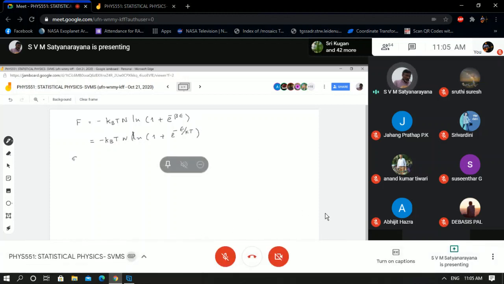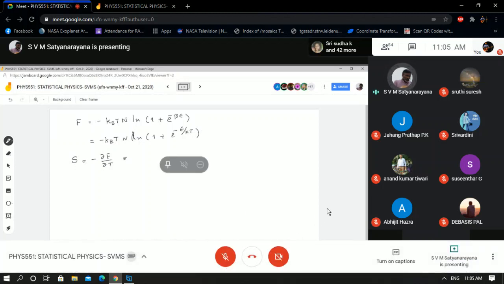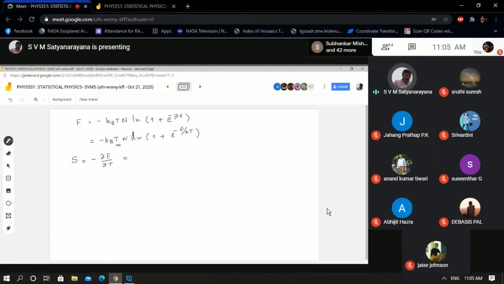So what is entropy? It is minus the derivative of F with respect to T. So minus minus will be plus, but there is a T sitting here and also a T sitting here, so we have to use the product formula.